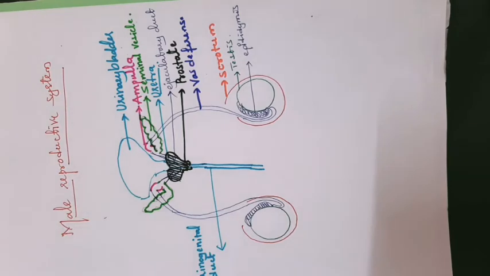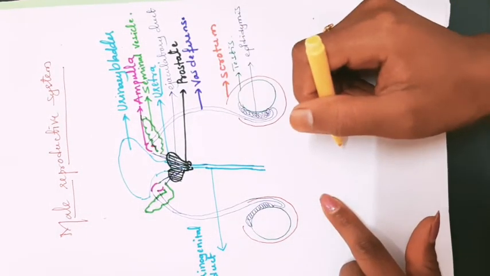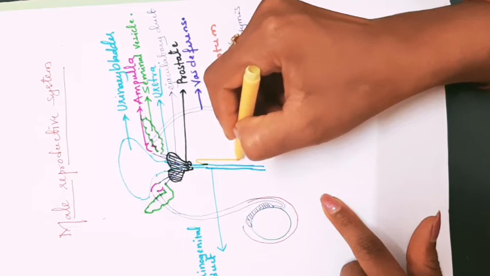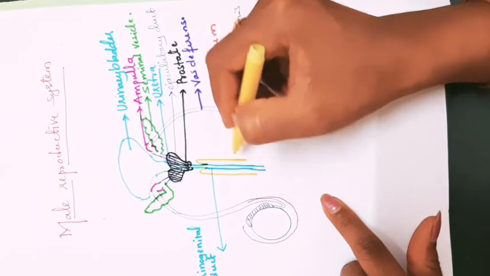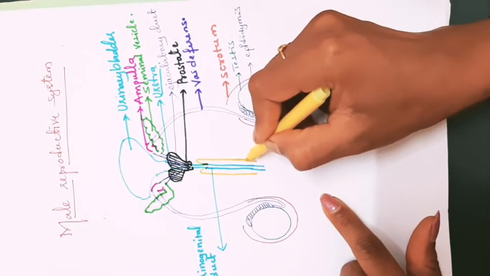This is the male organ through which the urinogenital tract passes.